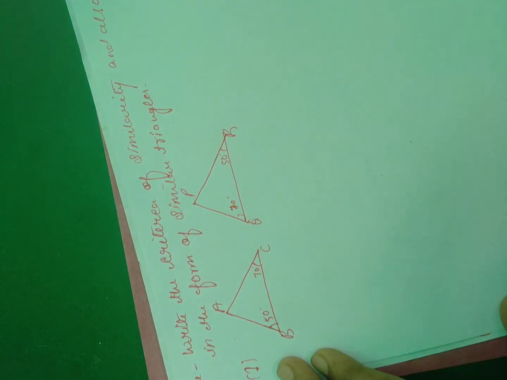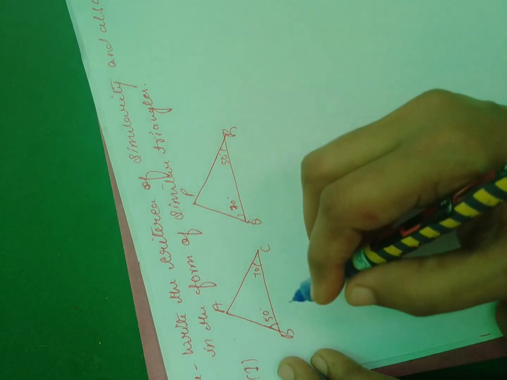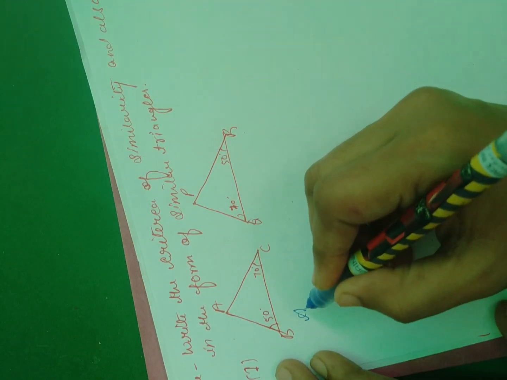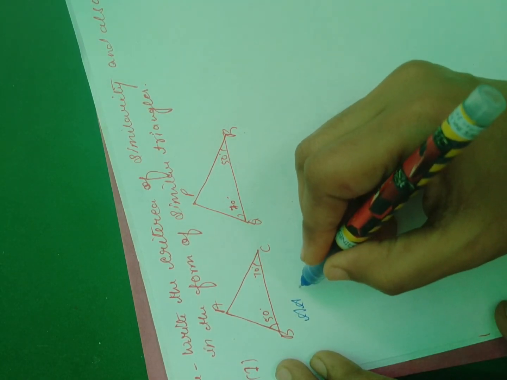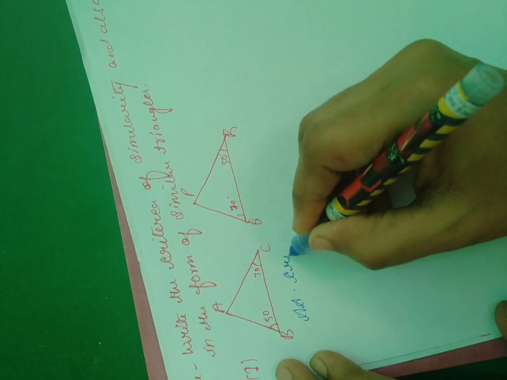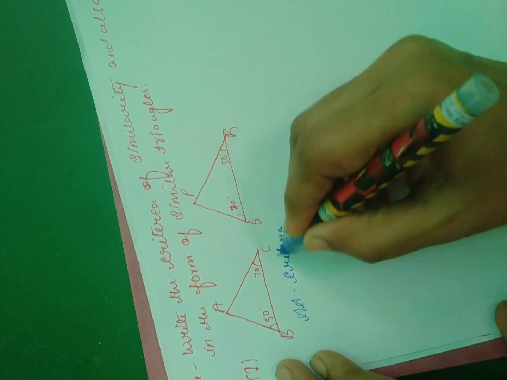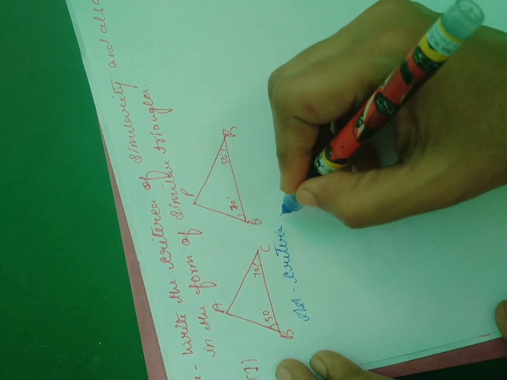So in this, what will be the criteria of similarity? Here the criteria of similarity is the AA criteria, because two angles are the same.